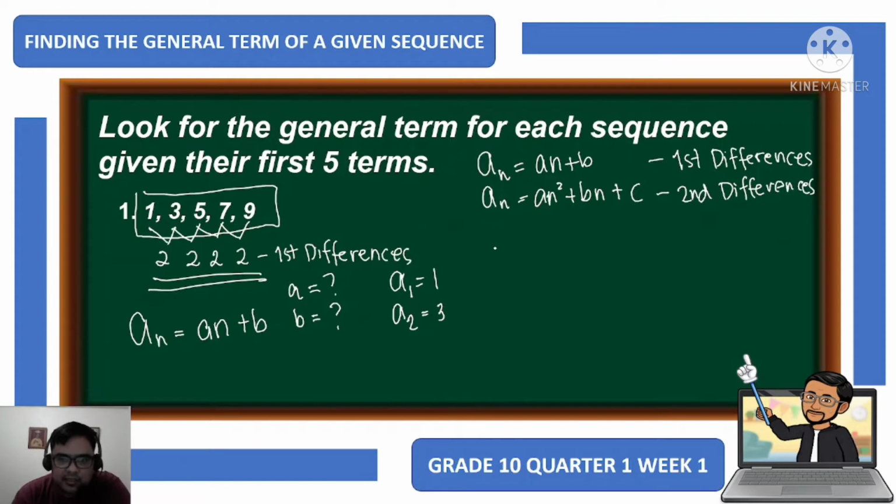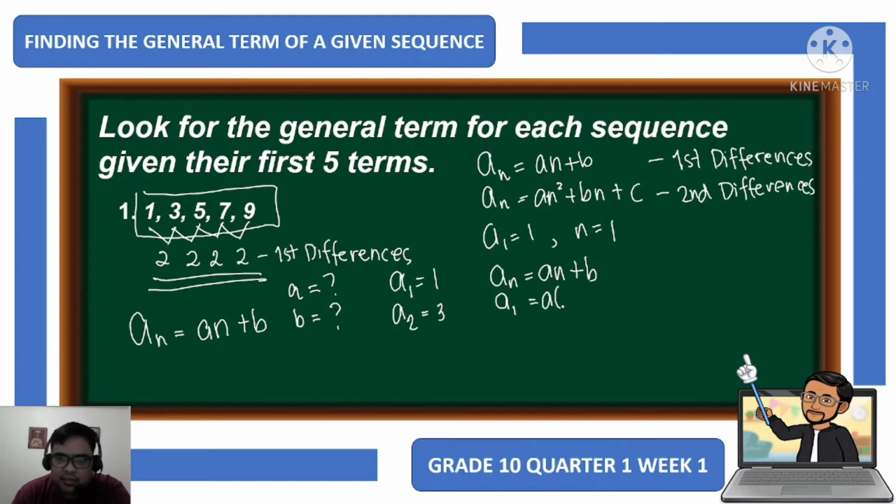So, una natin gamitin, a sub 1 is equal to 1. We know here that n is equal to 1, kasi a sub 1 lang yan, so isang term. Okay, so we can use now the general term, a sub n is equal to an plus b. If n is 1, so a sub 1 yan. Then, yung n, pwede natin siyang substitute dito.